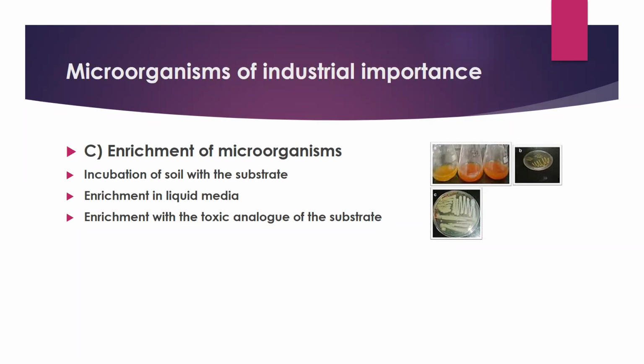So if we could isolate those microorganisms that are surviving the toxic analogs of the substrate, it is thought that those microorganisms would then be more productive industrially as compared to the original microorganisms of the desired category.